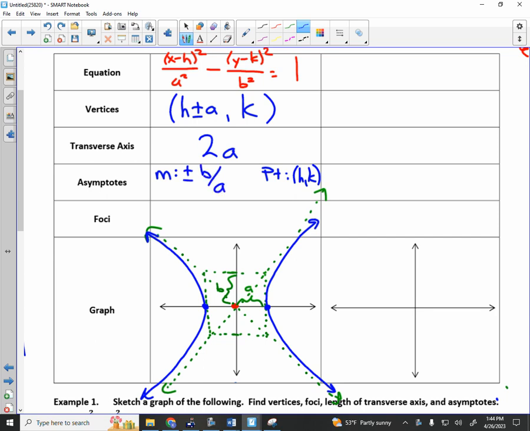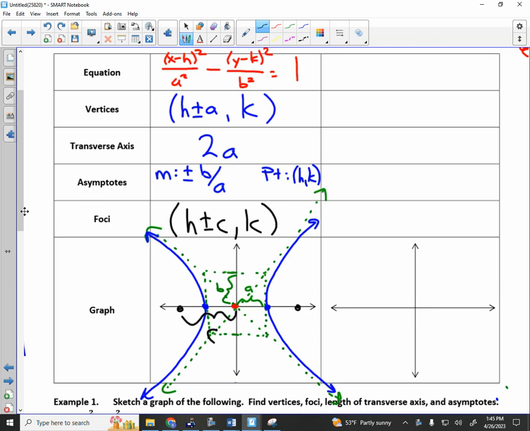And then finally, the foci, those are the points that sit on the inside of the hyperbola shapes. Anybody want to guess how many units from the center the foci sit? c, yeah, c units from yesterday. So the foci are at (h plus or minus c, k).